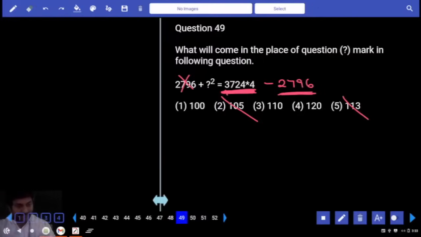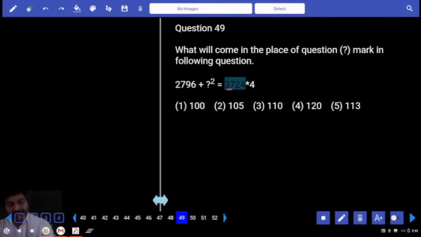Come on. Yes. So your answer is either 100 or 110. If it has to be 100, x square value, what is it that you should get? 10,000. X square you should get 10,000. Agreed or not? Okay. 3700.